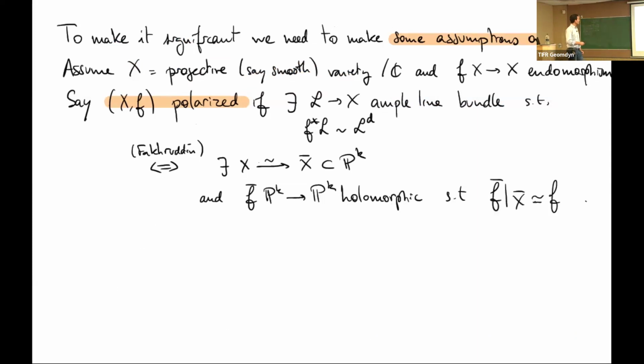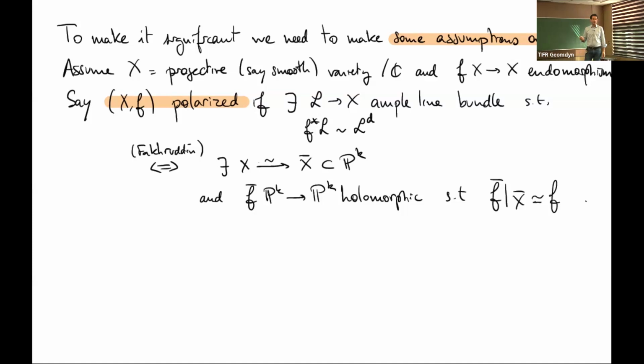So a polarized dynamical system is basically a holomorphic map on projective space, or regular, if you are more of an algebraic geometer. You take a certain dynamical system on projective space, which is regular everywhere, with a certain invariant subvariety, and then you have an induced dynamical system on this invariant subvariety.